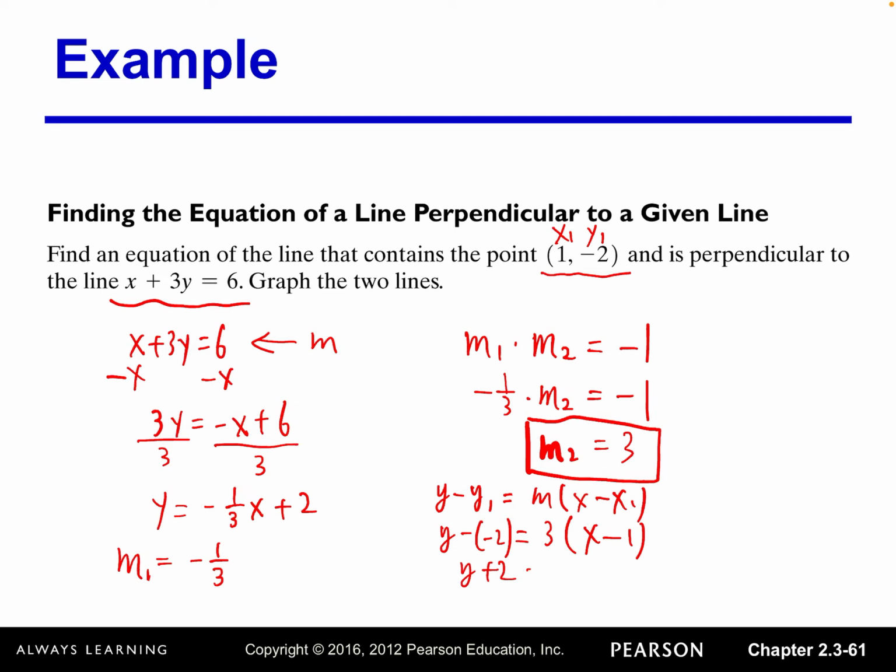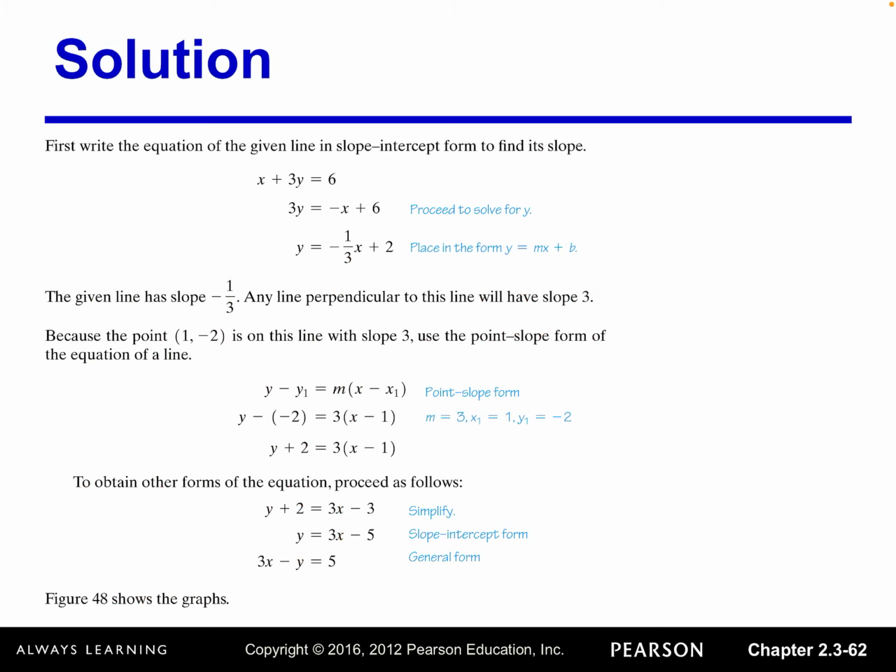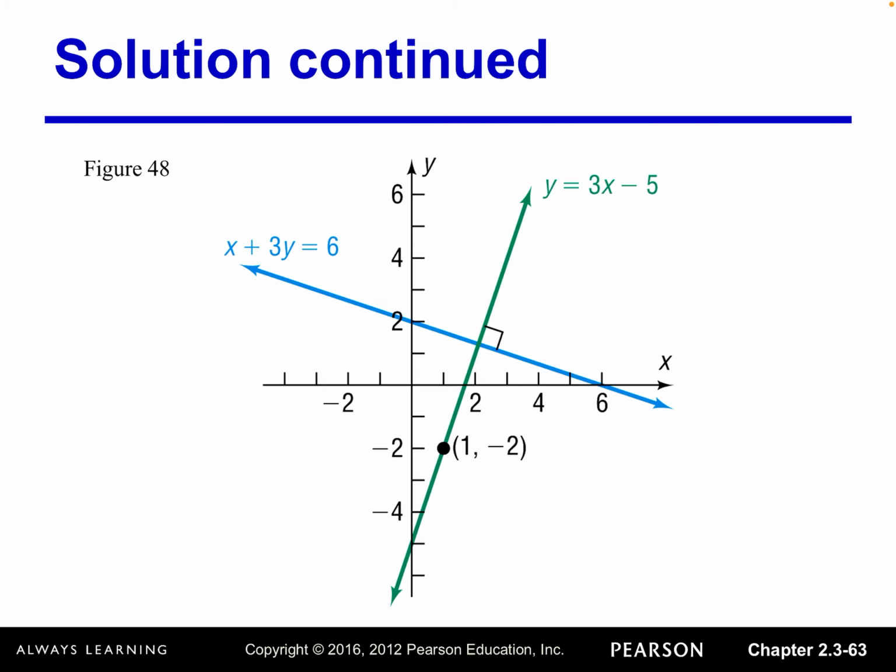And then simplify: y plus 2 equals 3x minus 3, and subtracting 2 on both sides of the equation, y equals 3x minus 5. All right, so now we can graph. Okay, this is the line we're looking for. Slope 3, y equals 3x minus 5, that's the line equation.